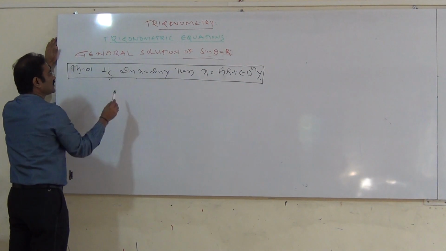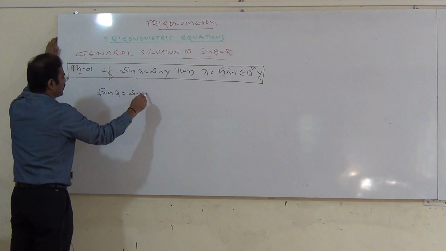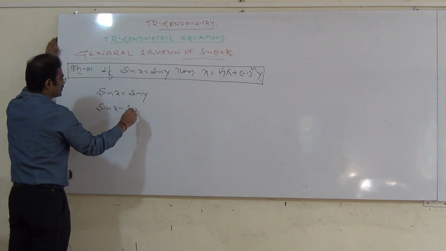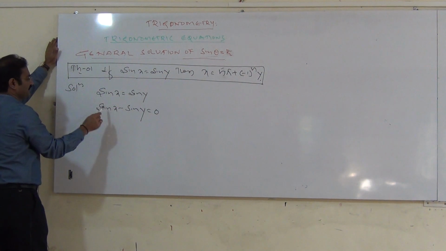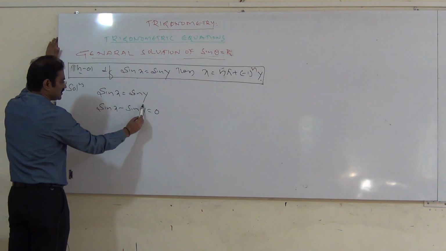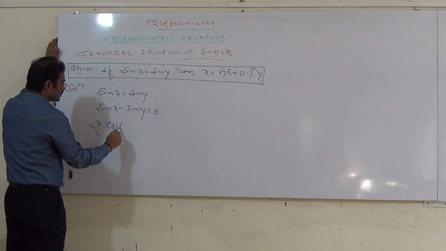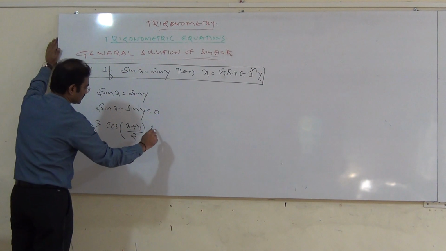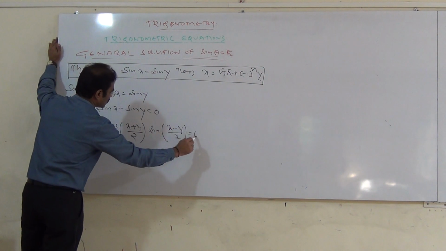Now I take this one. sin x is equal to sin y. So sin x minus sin y is equal to 0, right? And sin C minus sin D is 2 cos of (C plus D) by 2 sin of (C minus D) by 2, which is equal to 0.